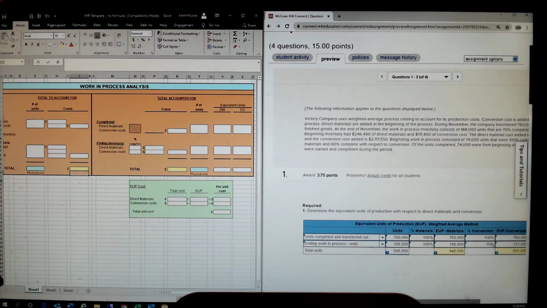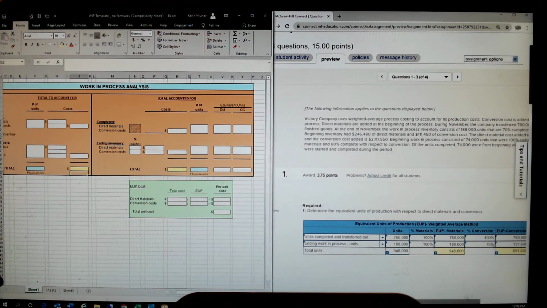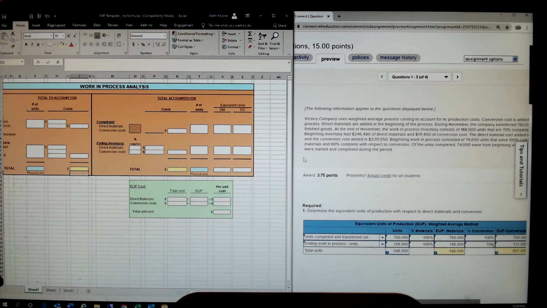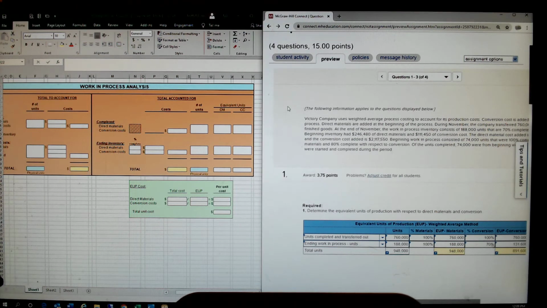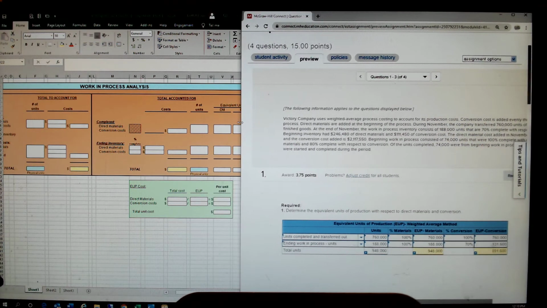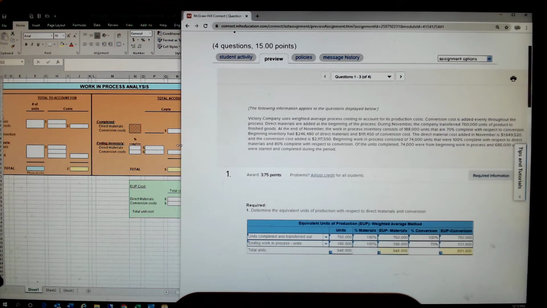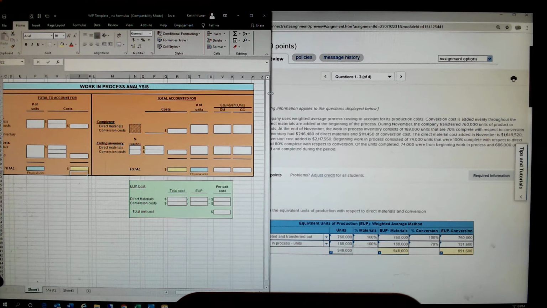Well, let's see how this is actually working out. I think that's working out okay. So I'm going to start here. Okay, there's the entire problem, and then here's my spreadsheet.